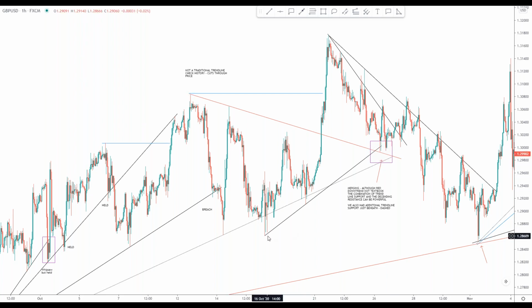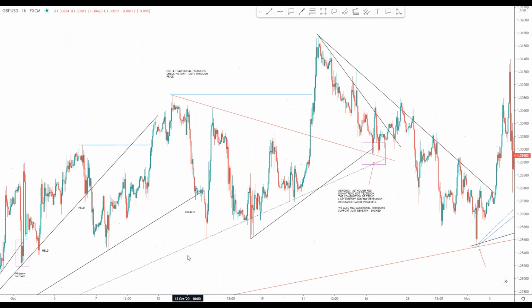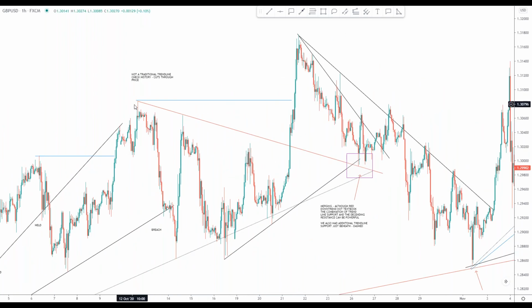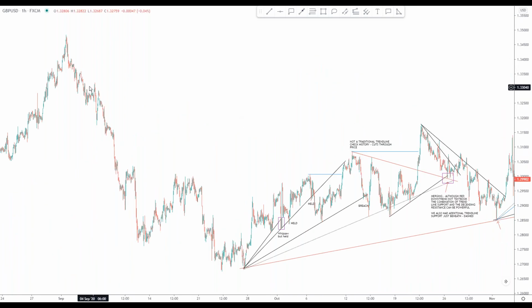So as I said, we have a trend line support formed here, the old trend line support that was formed back at the extreme there, down below this area, and we also have this area here. Now this is an example of something I would not consider a traditional trend line resistance. The reason being is we've cut through price, so it's not really defining much of a trend, in my opinion.